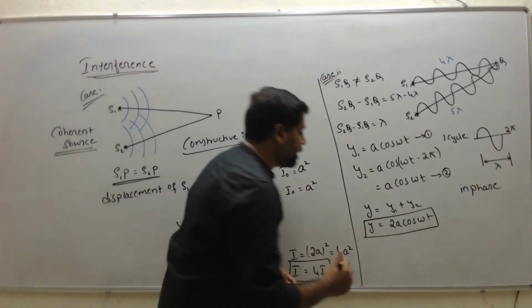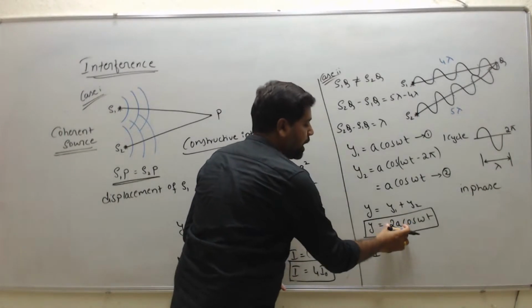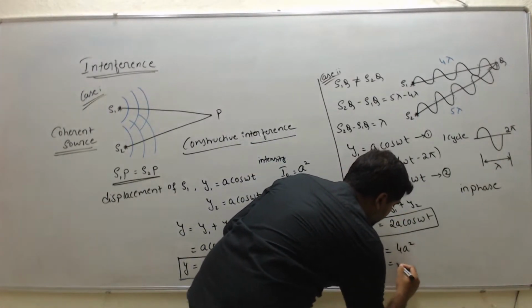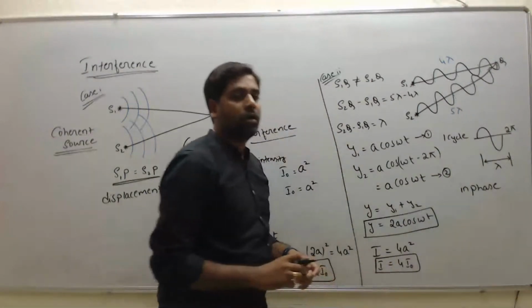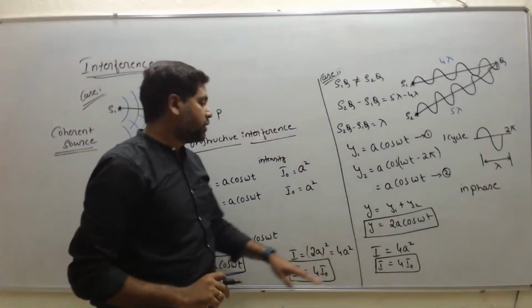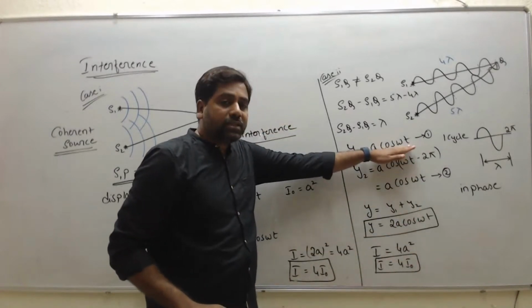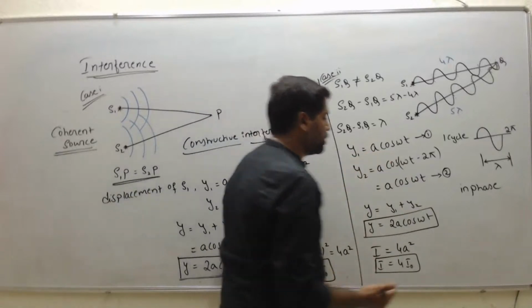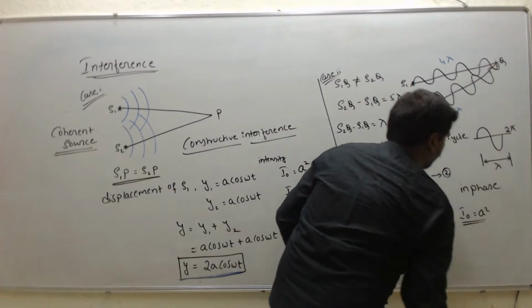Then if we write the resultant intensity, that is the square of the amplitude, we get 4A square, that is I equals 4 I naught. I naught is the intensity of the individual wave, that is I naught equals A square.